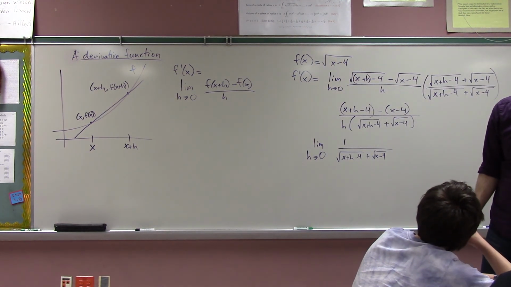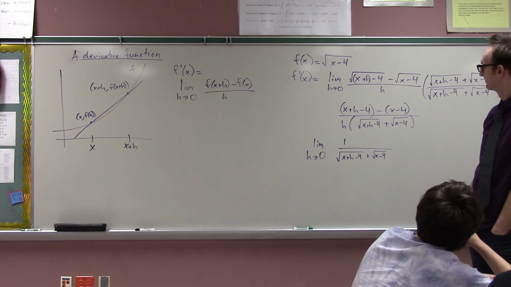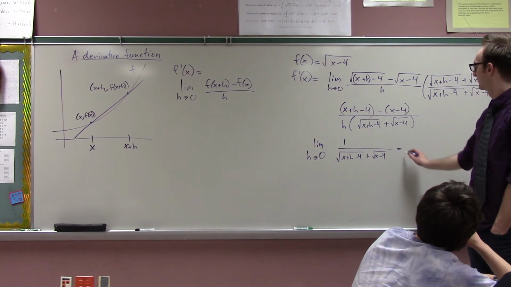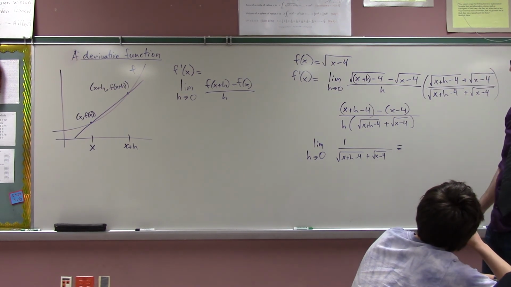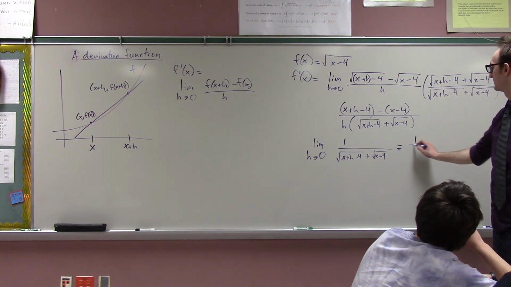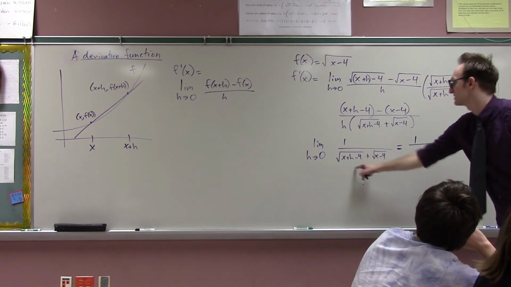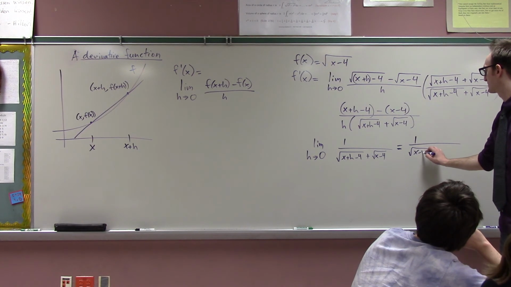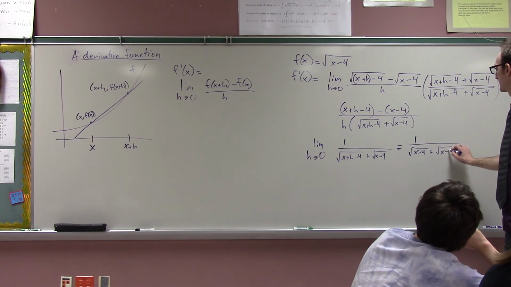Is this what you guys got? Yeah. You get 1 over, as h goes to 0, root x minus 4 plus root x minus 4.